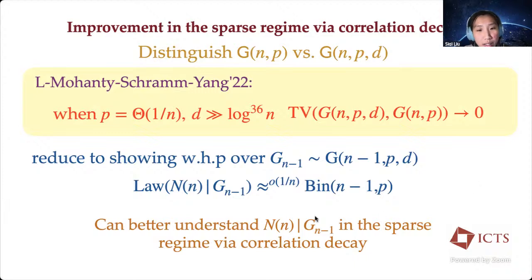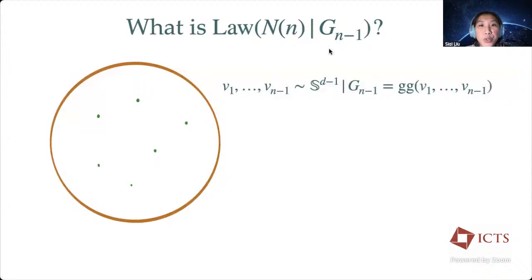So essentially here we already see that in order to understand when the TV distance vanishes in the sparse regime, it boils down to understanding when this distribution of neighbors of the last vertex is actually very close to a binomial distribution. So let's see how to generate this distribution first.